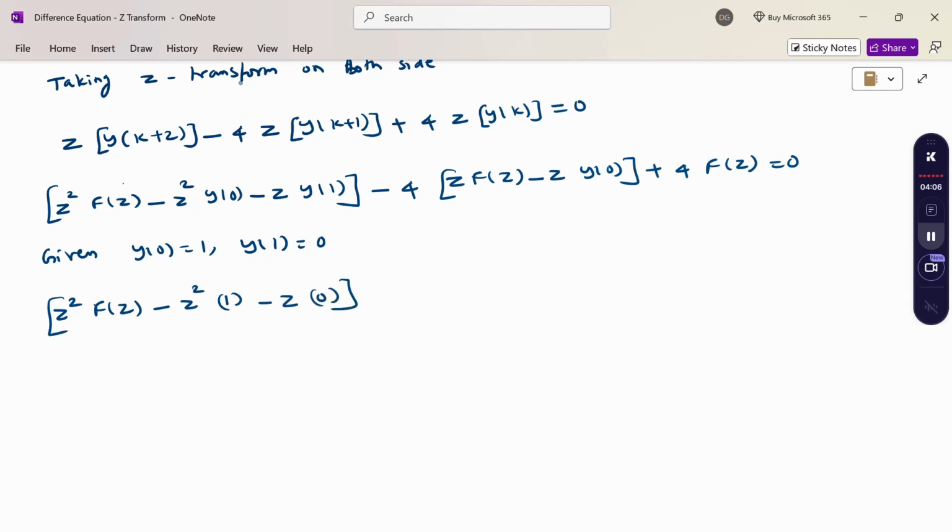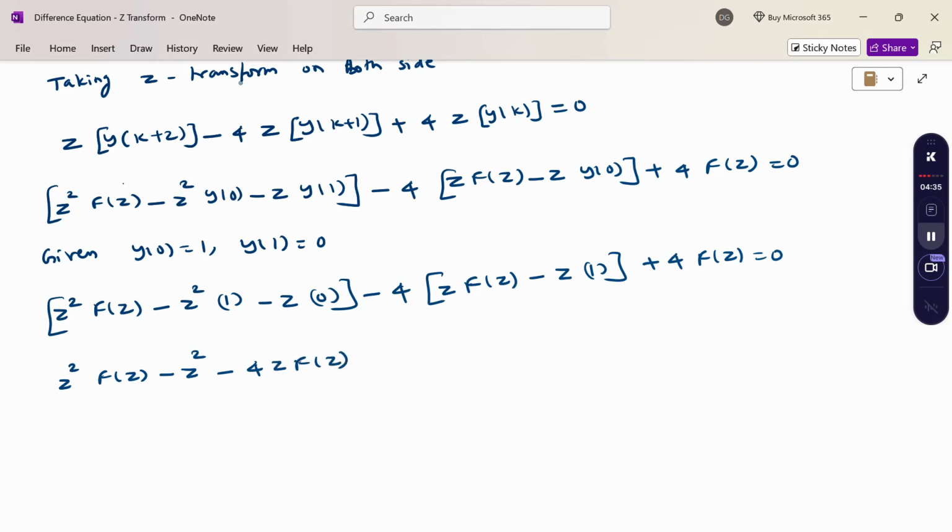This is the first term, minus 4 z f of z minus z into 1, then plus 4 f of z equal to 0. So this term is totally 0, therefore z square f of z minus z square, minus 4z f of z, then plus 4z, and then plus 4 f of z equal to 0.